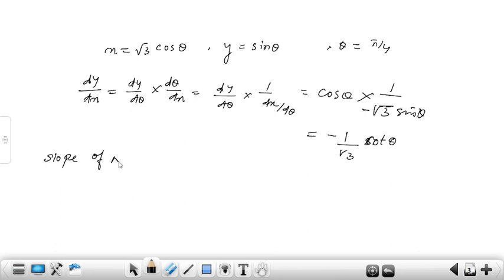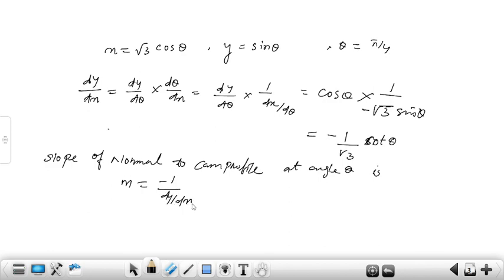So the slope of the normal to the cam profile at angle theta is m is equal to minus 1 by dy by dx.